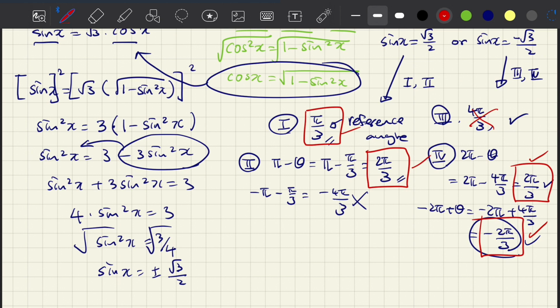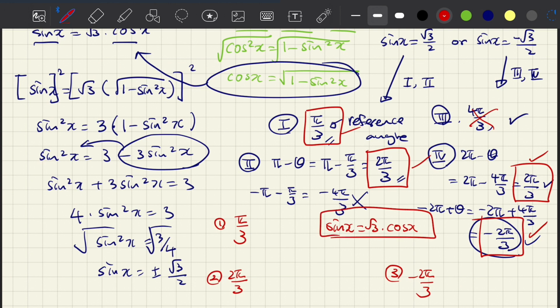So let's figure out which one is the possible or correct answer. Okay, to figure out which one is correct, we need to put these possible angles, pi over 3, 2 pi over 3, and negative 2 pi over 3, into the original equation, sine x equals square root 3 times cosine x.